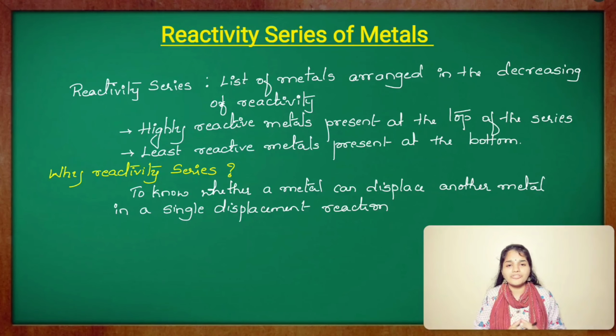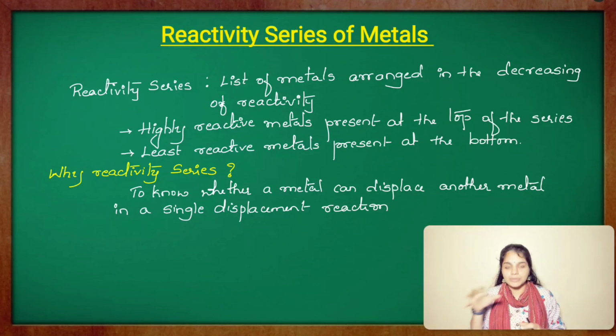We have a lot of metals in the periodic table like sodium, potassium, magnesium, calcium, gold, silver, copper, zinc, nickel, iron. How are they arranged? There is a particular order in which these metals have been arranged according to their reactivity. That is what is called the reactivity series.